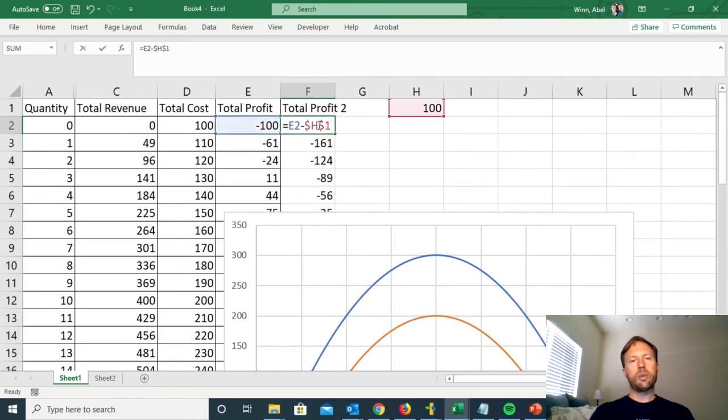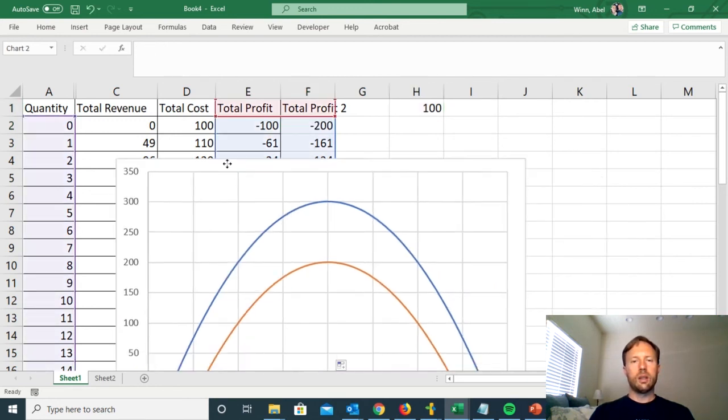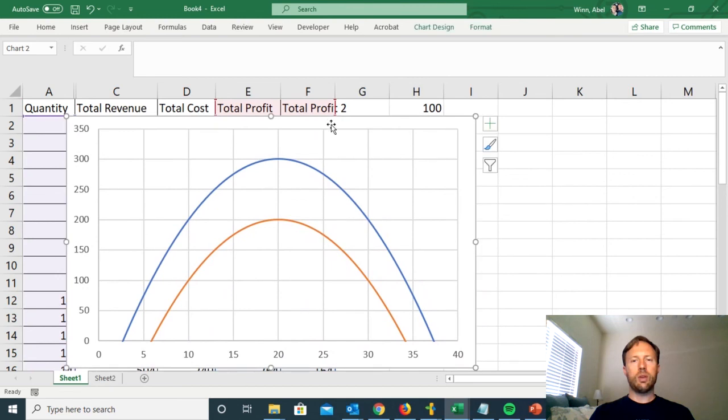Okay. So now the numbers in these cells are not just subtracting 100 from the original total profit. They're going to subtract whatever's in this cell up here. So we can see, okay, what would happen if you increased those fixed costs by, let's say, $200.